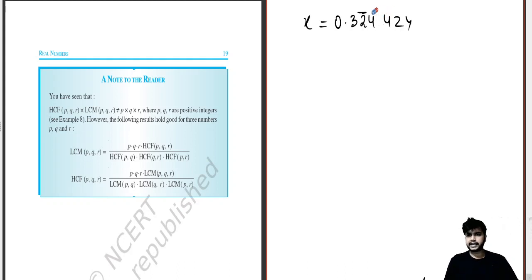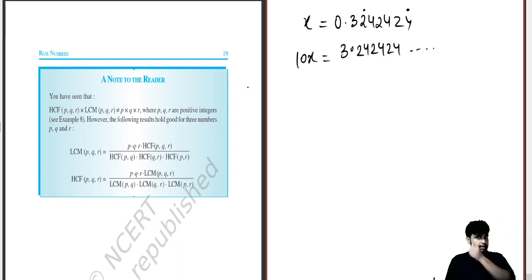So how will I write it? I can write it like this. So for this you have to do 3.242424. Okay. Now 1000x will be 324.242424.